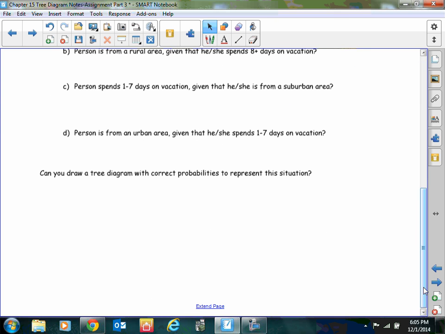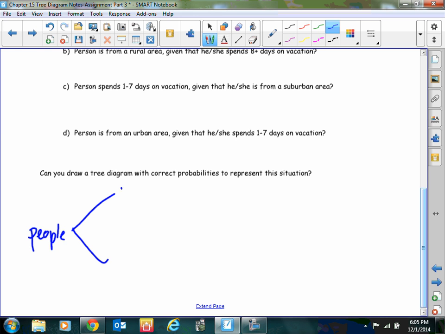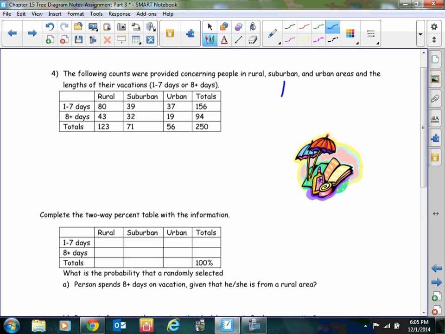When I first set up my tree diagram, again, it did not give me a paragraph of how to do that, so I started with people, and I split it into the 1 to 7 days vacation and the 8+ days vacation. And then you can finish that out. Do not forget to do a problem where you test for independence. Don't forget to do that check for independence that I had asked you to do on this one.